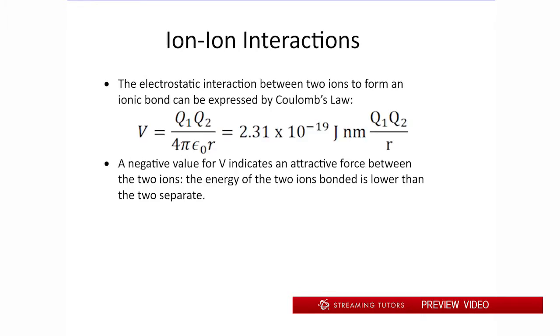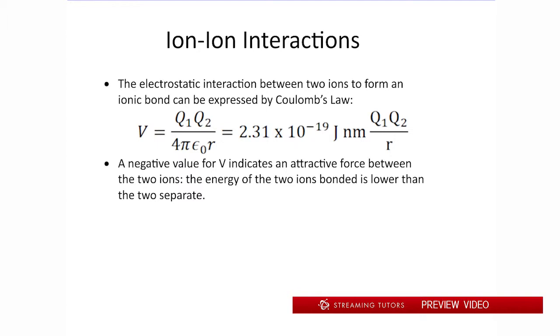The first one we're going to look at is ion-ion interactions. You should be familiar with this from when we talked about binary salts. When we have a compound that forms ions in solution, there's going to be an attraction between the positive cation and the negative anion based on Coulomb's law. Coulomb's law describes mathematically the attraction between oppositely charged ions.